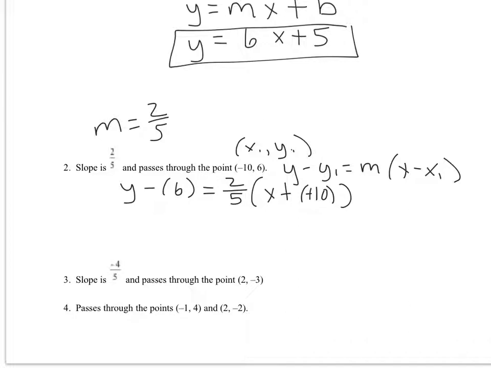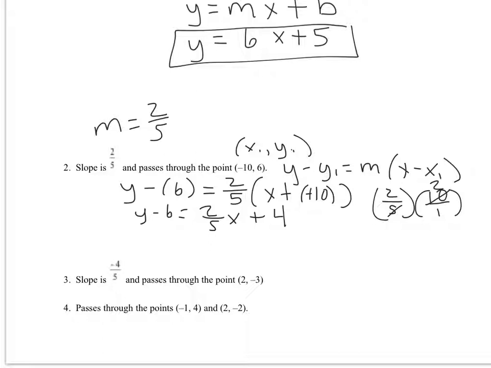Now, if I write this out, I have y minus 6 equals, and if I distribute on the right side, I'll have 2/5 x plus, and if I multiply 2/5 times 10 over 1, 5 will go into 10 2 times, and this will simplify to just become plus 4.